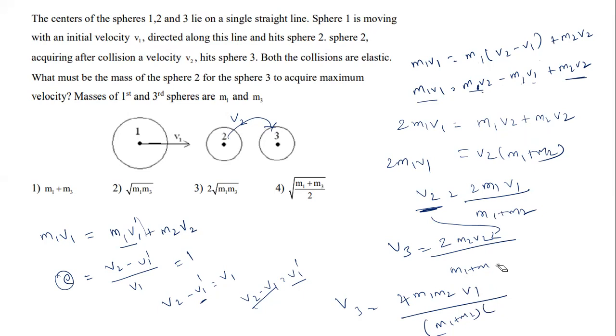M. We'll get here 3. So you will get M1 plus M2, so it is 2 and 3.